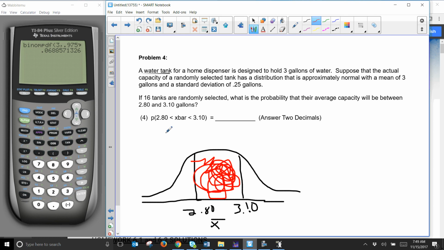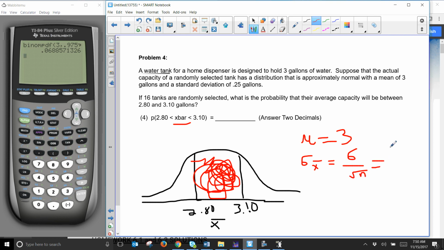Because we're dealing with X bar, we know that the mean is going to be the same as the mean of the population, which is 3. And the standard deviation of X bar is going to be sigma over the square root of n.